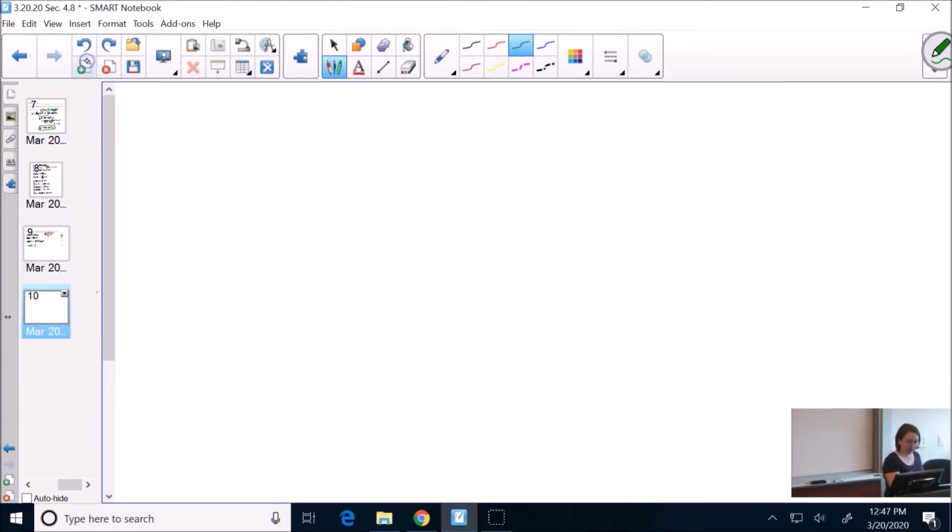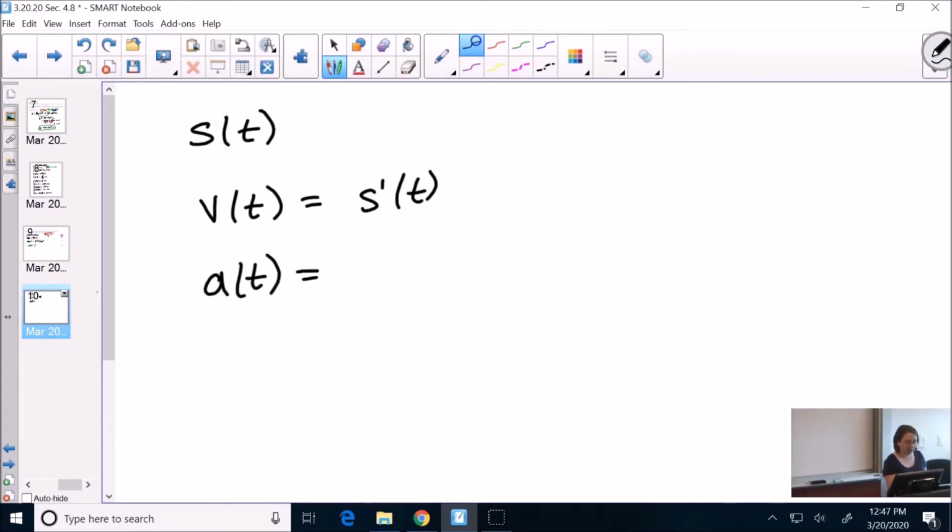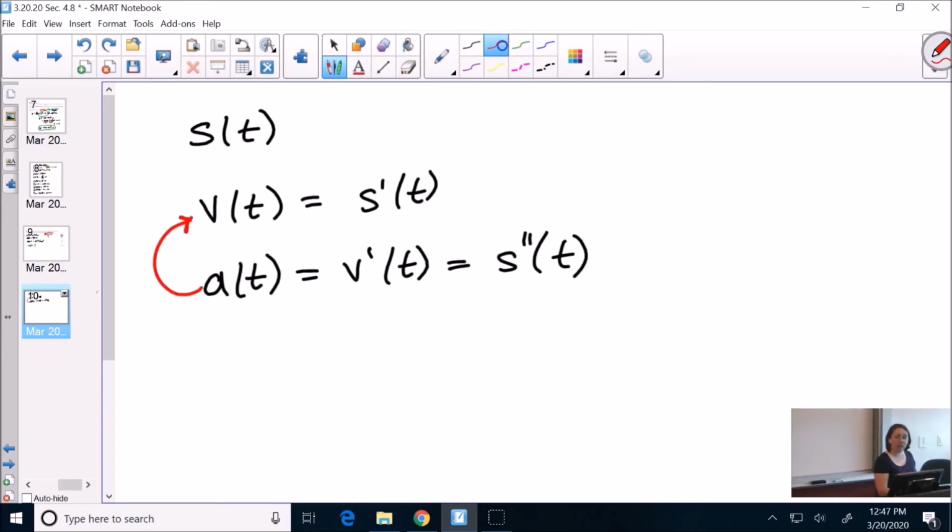So write this out real quick. Remember, we had S of t before. That's position. Then we talked about how V of t is the derivative of S of t. And we've talked about how A of t, the acceleration, is the derivative of velocity, or the second derivative of position. Well, now we're going to go backwards. We have A. To get back to velocity, we take the antiderivative.